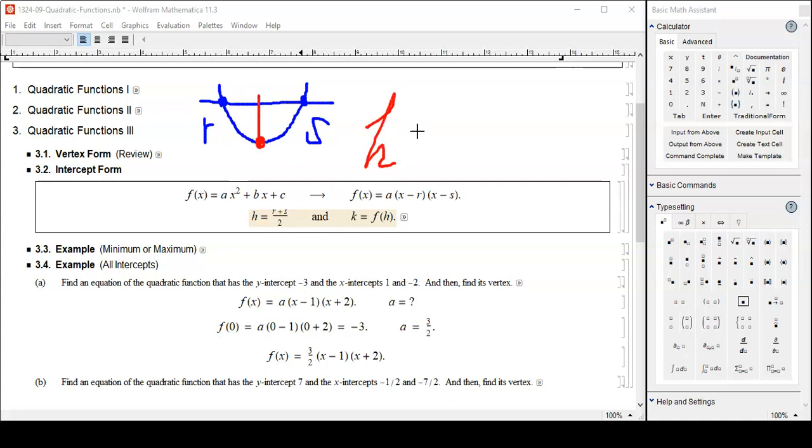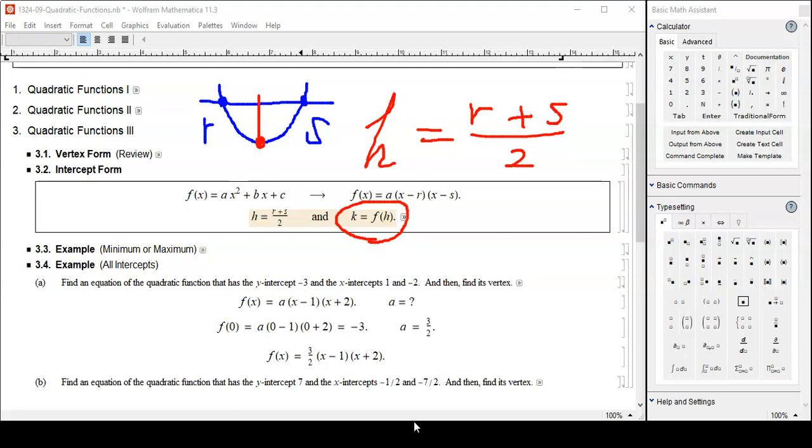Therefore, h has to be the average, r plus s over 2, and h is the x coordinate. K value is just the y coordinate. So plug x equals whatever h value into the equation of the function, and then you're going to get the k value.